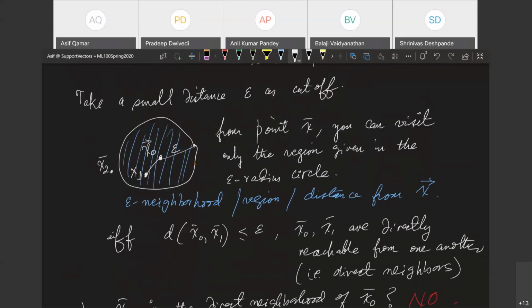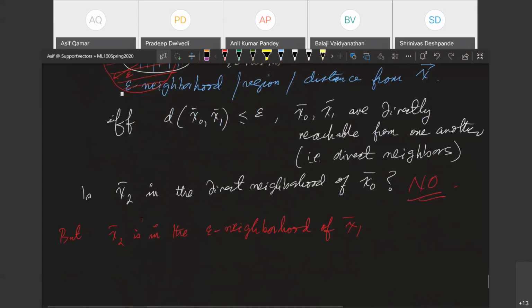So X2 is outside the direct neighborhood of X0, but if I look at the epsilon, which is this much, I realize that the epsilon neighborhood of X1 is this. Are we together? Where this distance is epsilon. So X2 belongs to the epsilon neighborhood, or direct neighborhood, of X1.